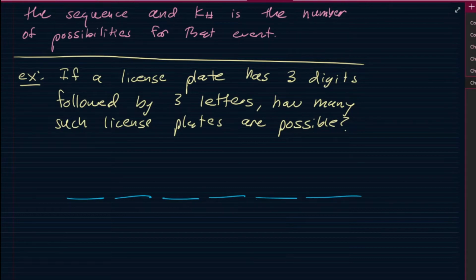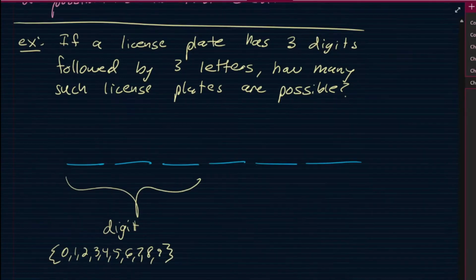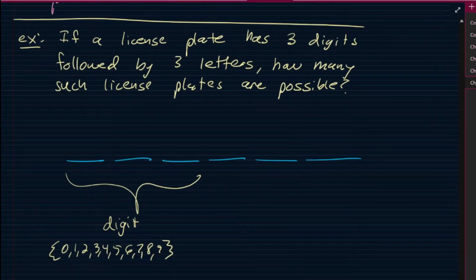So, these 3 have to be a digit. How many possible outcomes are there for these ones? Well, they could be a 0, 1, 2, 3, 4, 5, 6, 7, 8, or 9, which there are 10 of. So 10 for the first, 10 for the second, 10 for the third, because we're allowed to repeat the same digit over and over again.